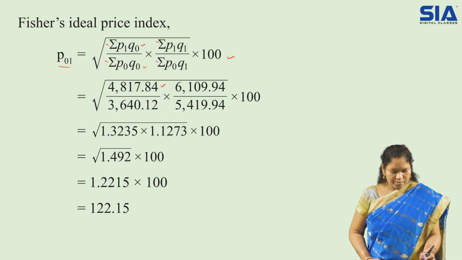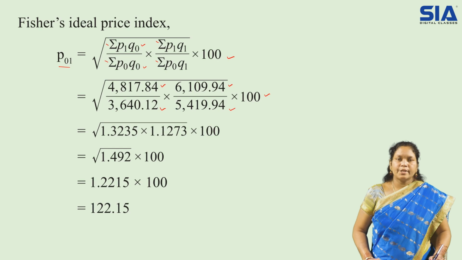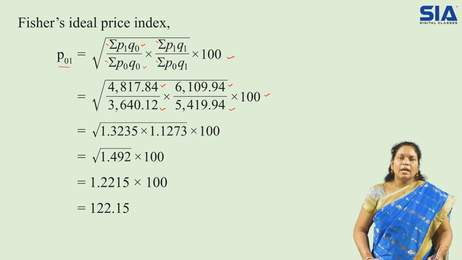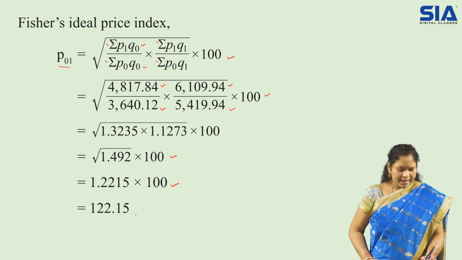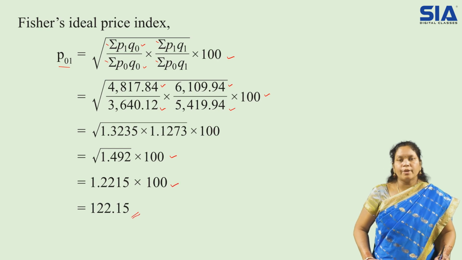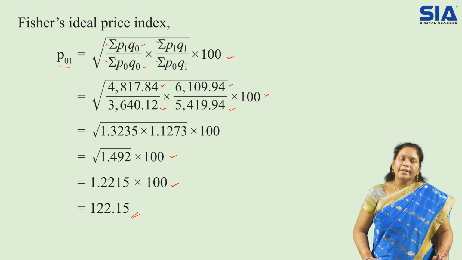Simultaneously take P0 Q0 value and then P1 Q1 value, downside P0 Q1 into 100 as it is. So like that I have substituted the values, then divide it and then multiply, do the root over and multiply with 100, get the answer as 122.15. So this is how we find out Fisher ideal index number.